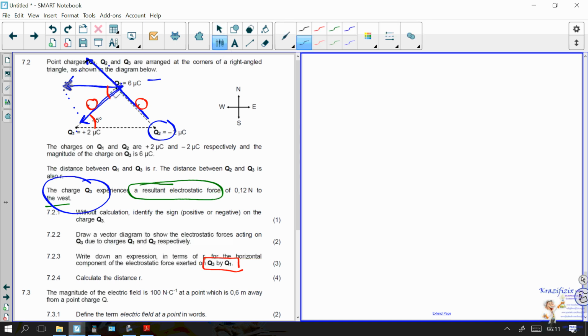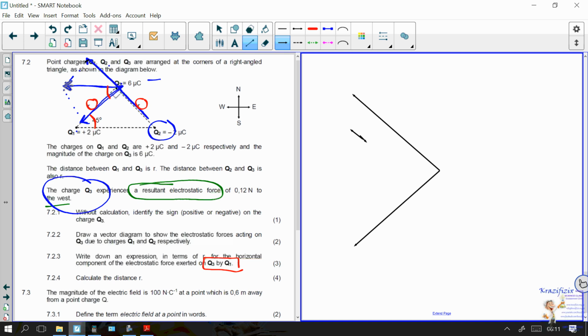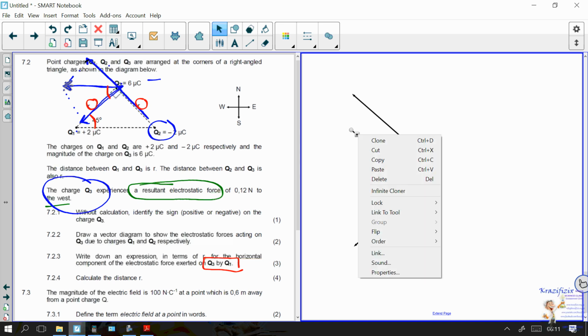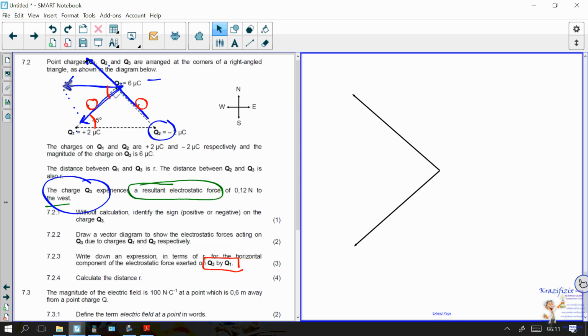Now, my diagram looks like this. That's the first force, all right? And that's the second one. Remember, that was my free body diagram, which is also my vector diagram. So we do have that, and I have a dot there. And we label this as F2, and we label this as F1.